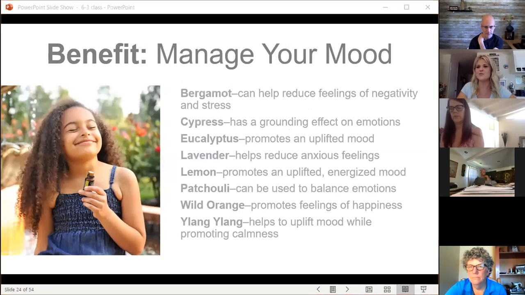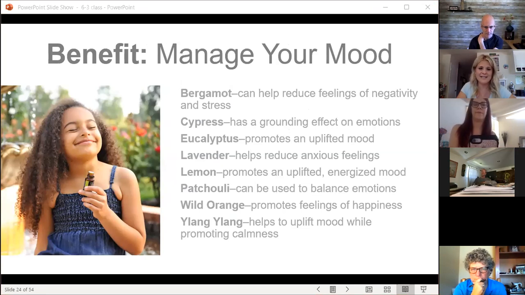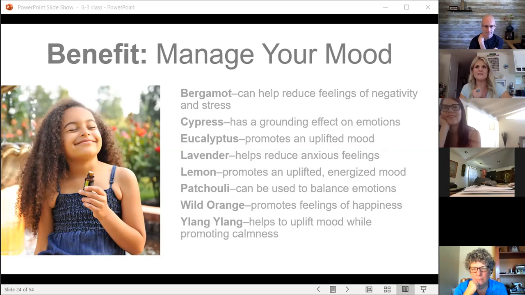Some of the essential oils you can diffuse to manage your mood are bergamot. It is lovely, a citrus that helps reduce feelings of negativity and stress. Cypress smells kind of like cypress trees, a minty, earthy scent, very grounding for emotional states.